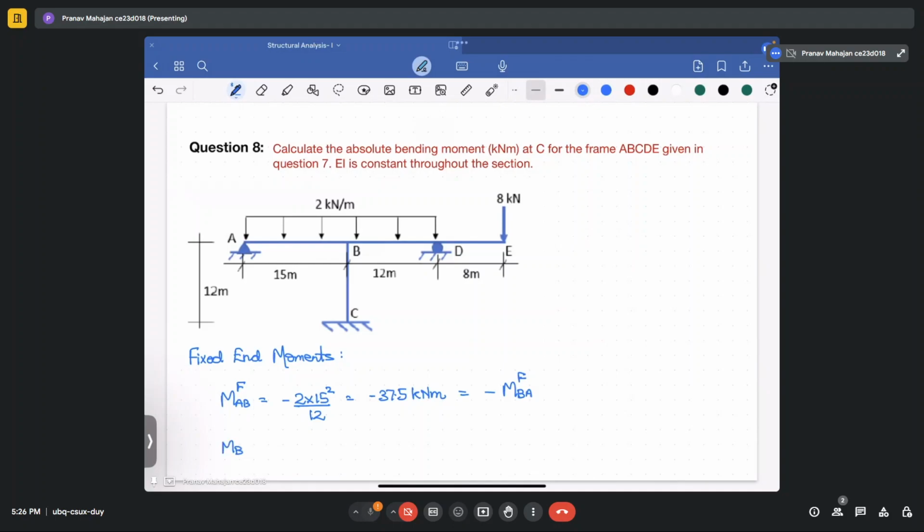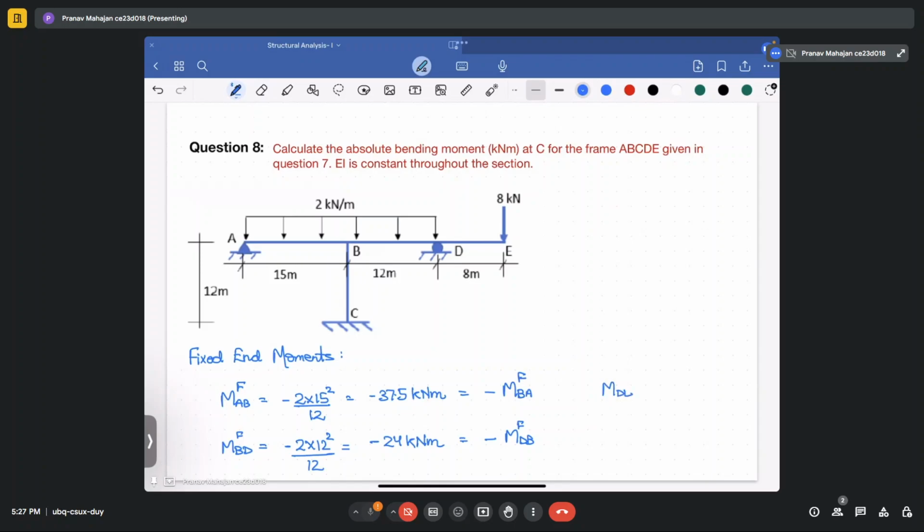So your MBD F will be equal to minus 2 into 12 square upon 12. That will be equal to minus 24 kilonewton meter, and that will be equal to minus MDB F. Okay, and since for DE there is a cantilever, so that will give us negative moment.